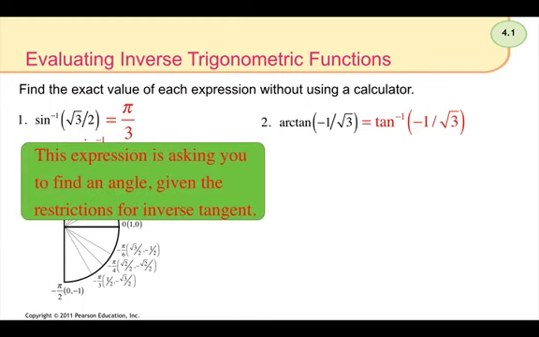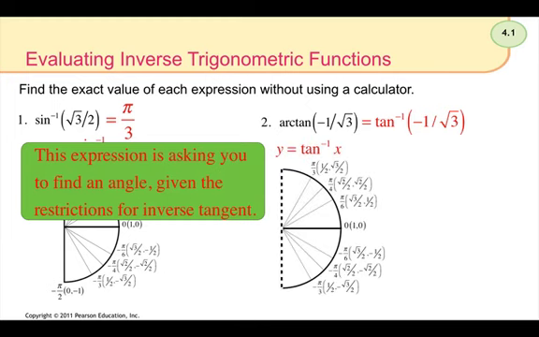This expression is asking you to find an angle given the restrictions for inverse tangent. If you remember, the restriction for inverse tangent, which I did not highlight on the previous slide, is from negative pi over 2 to positive pi over 2. But unlike sine, here we cannot include the endpoints. We cannot use equal to negative pi over 2 nor equal to positive pi over 2.